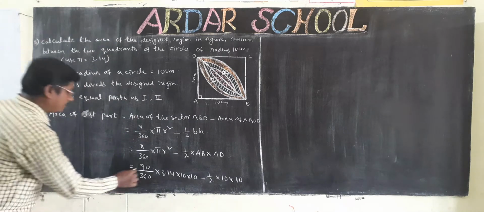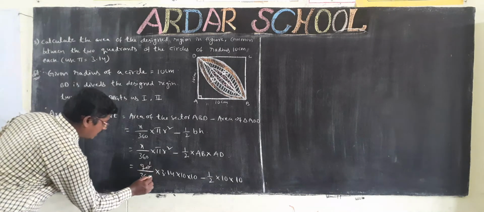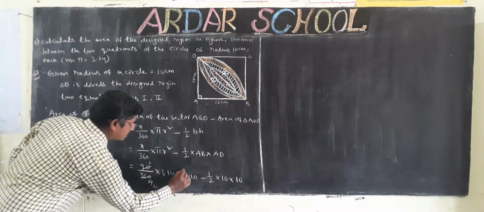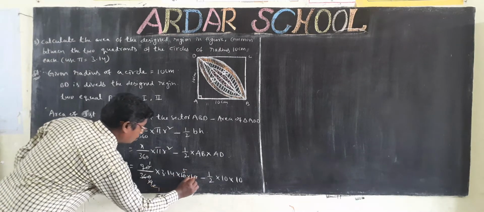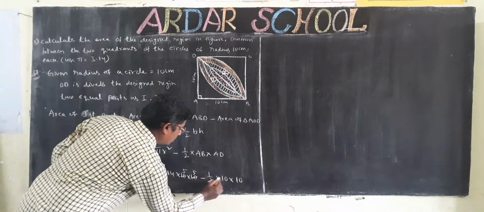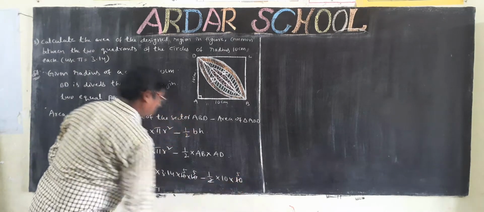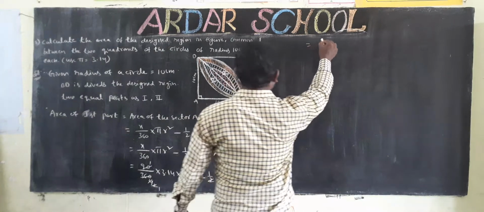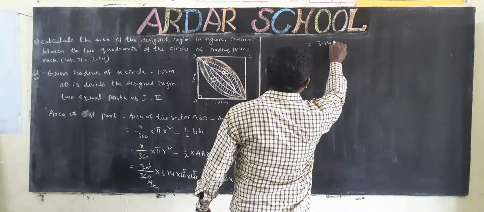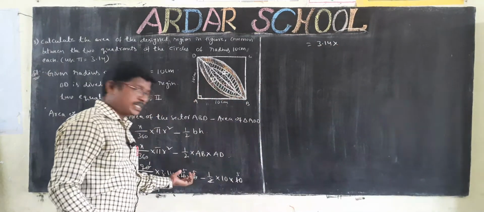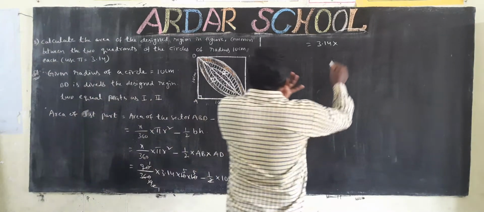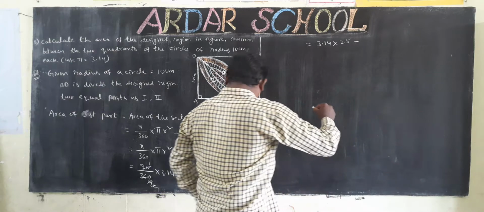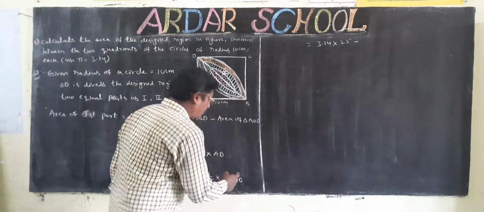Cancel this one. 90 ones are 90, 4 times, 2 twos are 2 fives, 2 ones are 2 fives, here 2 fives. Okay, what are the remaining? So 3.14 into 5 fives are 25, 5 fives are 25, minus 10 fives are 50.